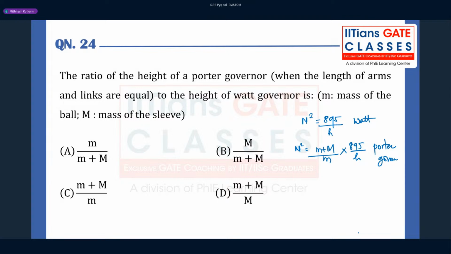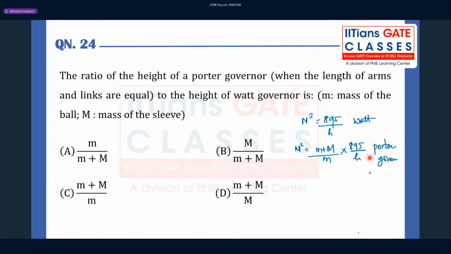Comparing these two cases, if we take a ratio of it, we can clearly see that for the same speed, if we just focus on the h, it will be (m plus capital M) divided by small m. So looking into the options, option C looks correct.